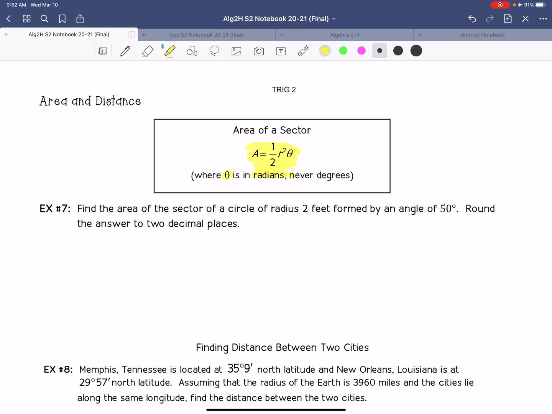So it says, find the area of the sector of a circle with a radius of 2 feet formed by 50 degrees. Round your answer to 2 decimal places. So I have a circle. Okay, so I have this circle, and it tells us that my radius is 2 feet.